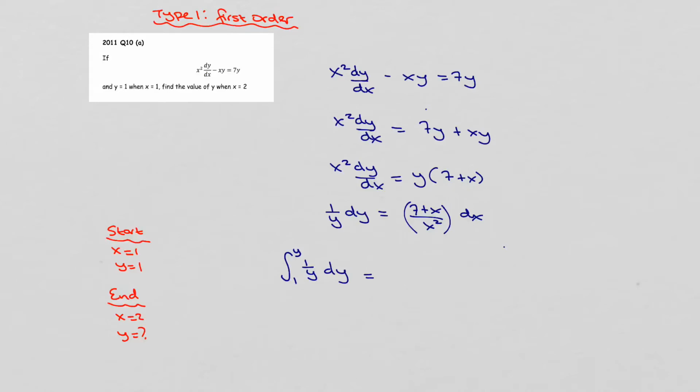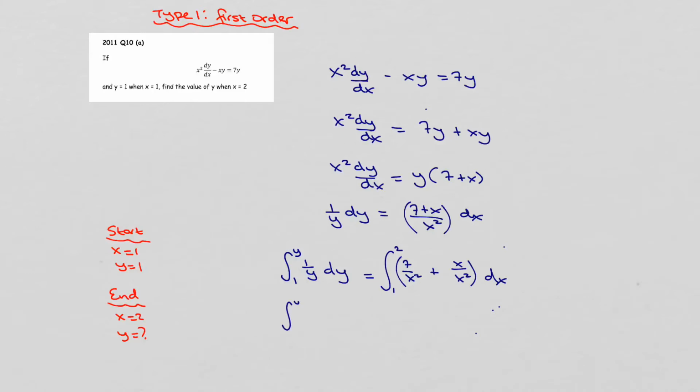And on the right-hand side, I'm looking at that going, I can't integrate that, so I'm going to separate that out into two parts. So I'm going to write that as 7 over x squared plus x over x squared. And then I'm going to have to simplify that before I can integrate. But my limits then for x, well, my upper limit is the end limit, which is 2, and my lower limit is the start limit, which is 1.